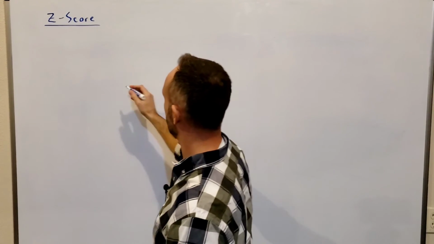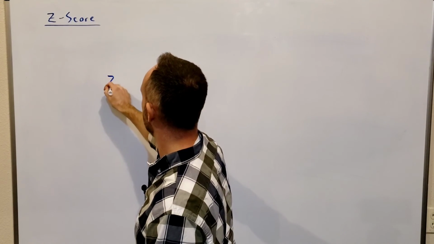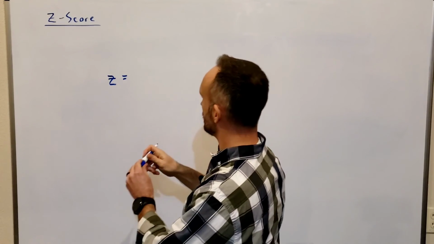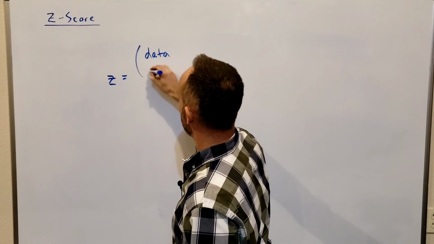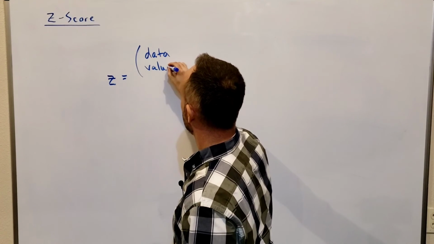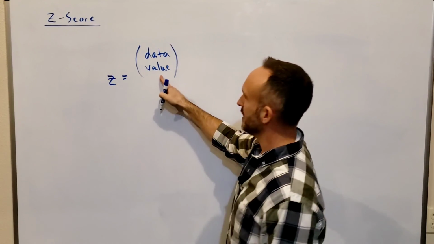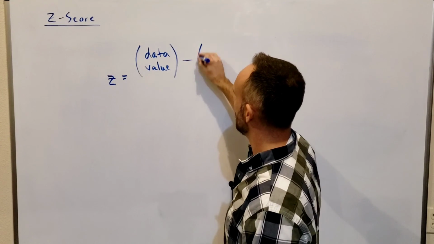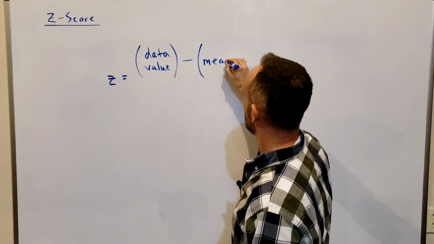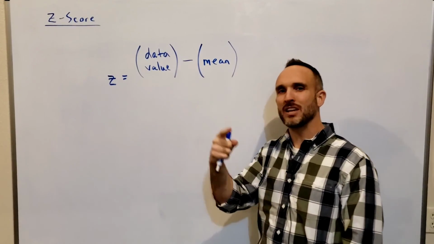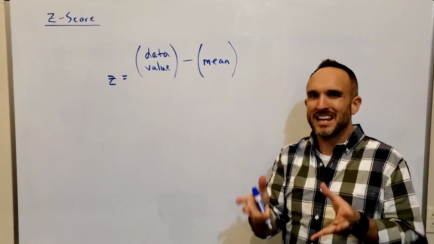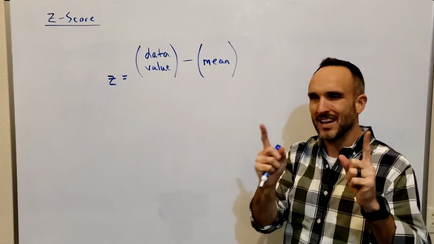So to calculate a z-score, you already have the idea. You start with your data value, whatever it happens to be, and then you find out how far it is from the mean, so you subtract your mean. So you've got a distance between them, but then you have to ask yourself, okay, how many standard deviations will fit in that distance?